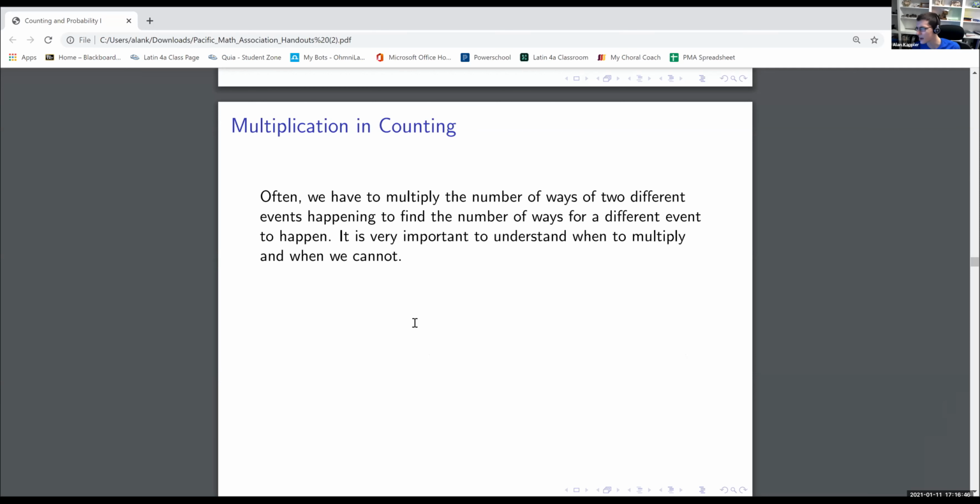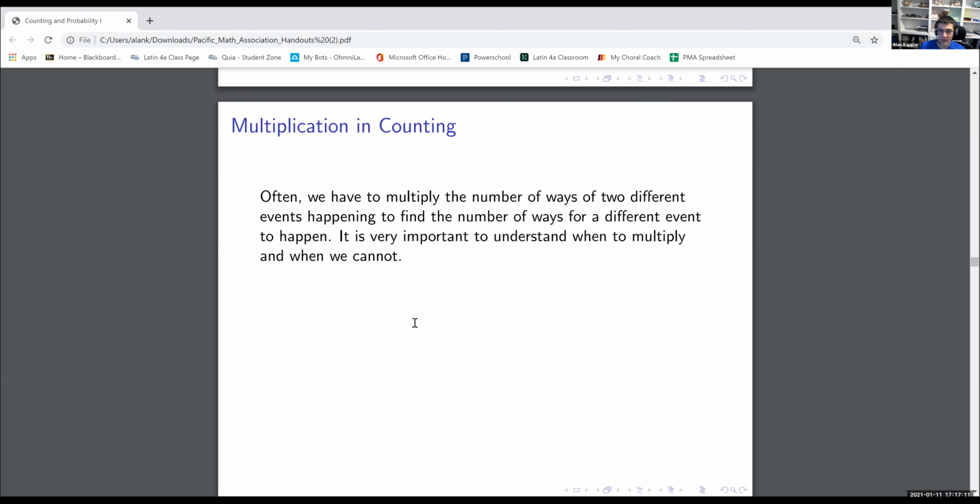So another technique is multiplication in counting. Sometimes we can't just condense everything to one variable, and we have to find the number of ways for 2 different events to happen.